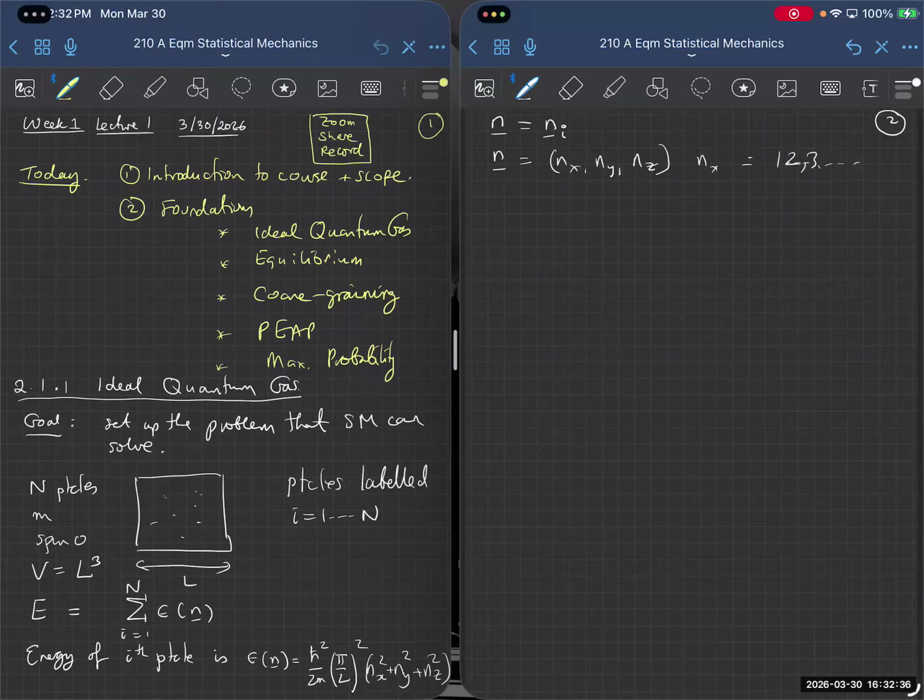The same for n y, the same for n z. So that's the solution of the Schrödinger equation. Everybody happy? You've all seen this before. You learned it on your mother's knee.